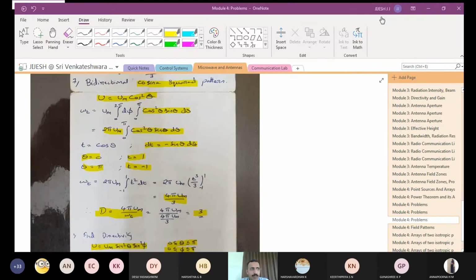It's very simple. We have already done the integration for sine cube. So what is the answer for directivity? Just now also we did it for sine cube.